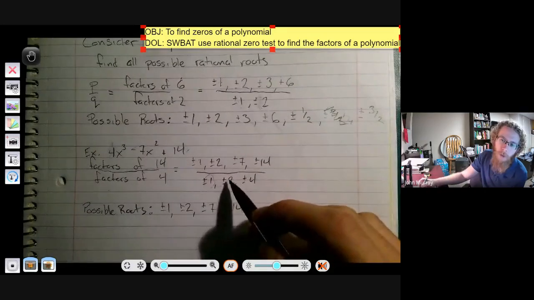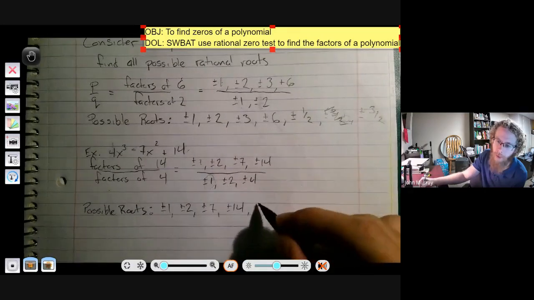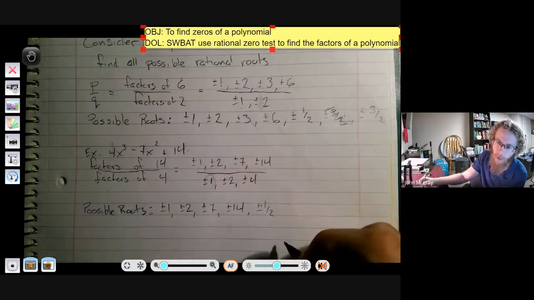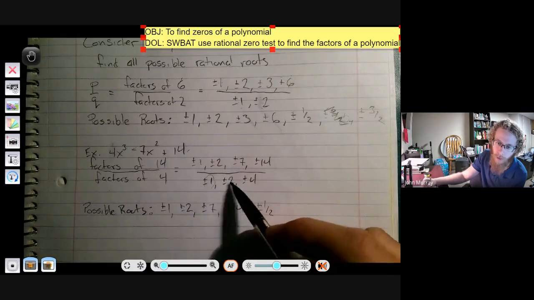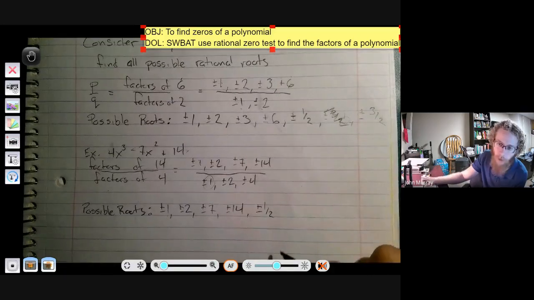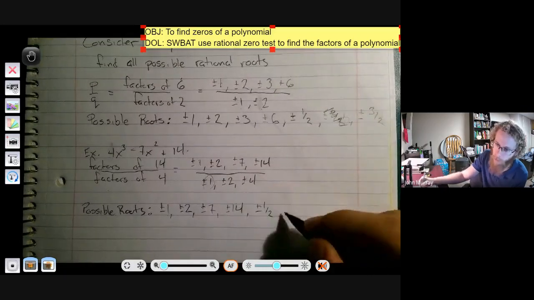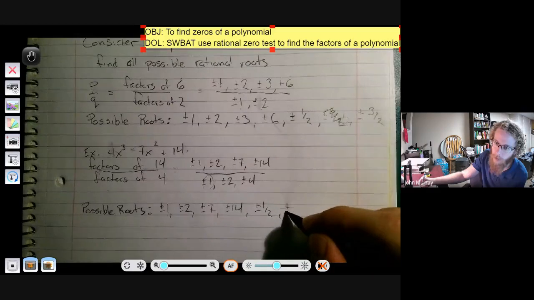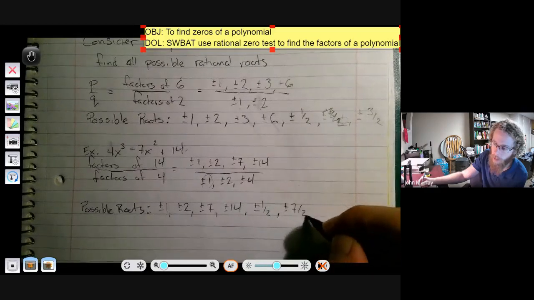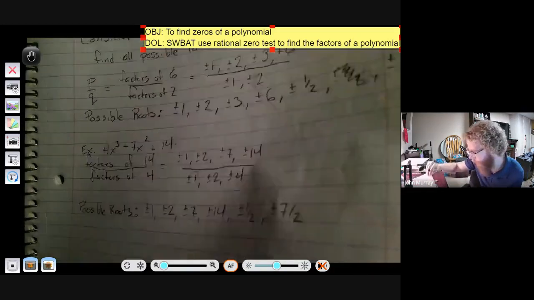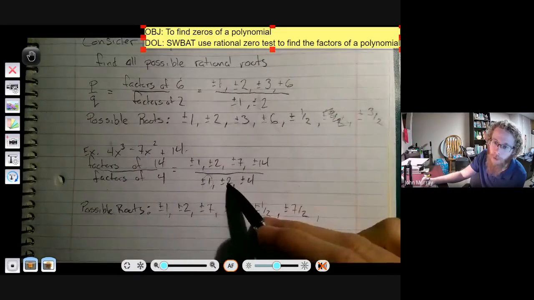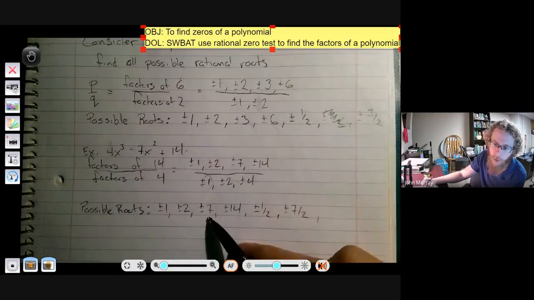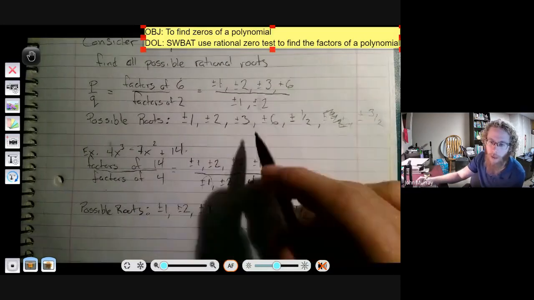And then I have the 2 as a denominator, so I have 1/2. That's a new one, so plus or minus 1/2. 2 over 2, well, that gets me 1, so I'm not even going to bother writing it. 7 over 2, that's a new one. Oh no, this is my last page. And then 14 over 2, well, that gets me 7, and we already have that, so I'm not going to do that.